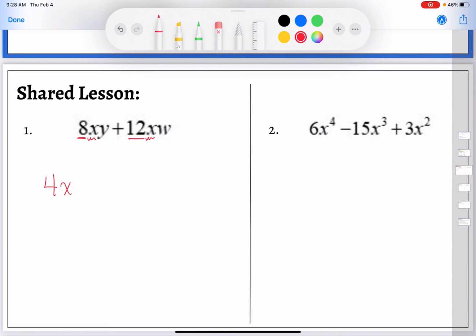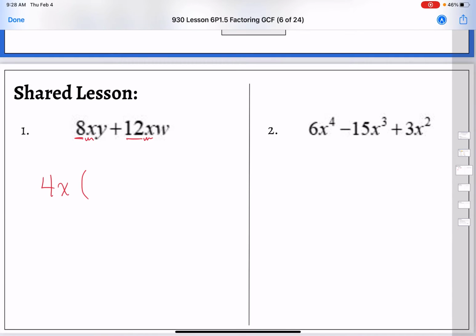They both have a 4 as a factor of the numbers, and they both have an x as a factor as well. Okay, now, we're not done when we find that greatest common factor. We're going to actually do this process of what would 4x have to multiply by in order to give me that polynomial of 8xy plus 12xw.